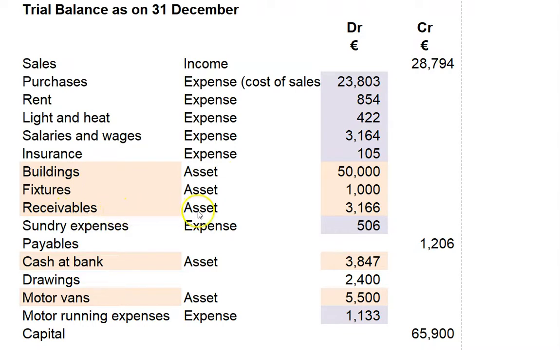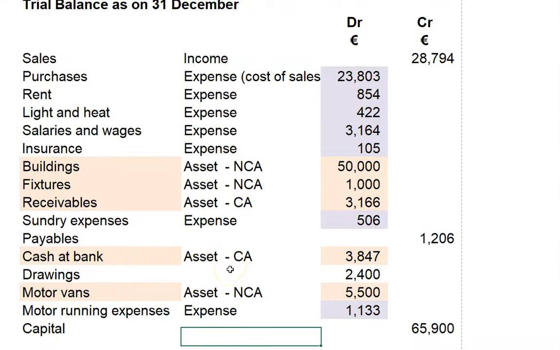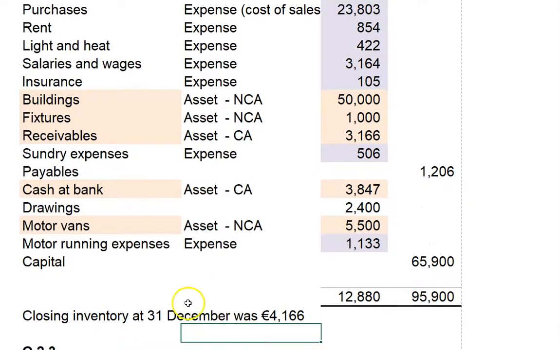Receivables are customers that owe us money for goods bought on credit. They're a short-term asset, or a current asset. Cash at bank is a current asset, and motor vans is a long-term asset. So when we do our assets, we group the non-current assets together. So buildings, fixtures, and motor vans will be shown together, and then the current assets of receivables and cash at bank.